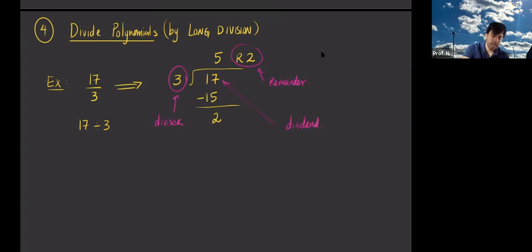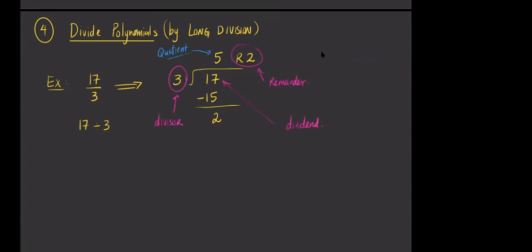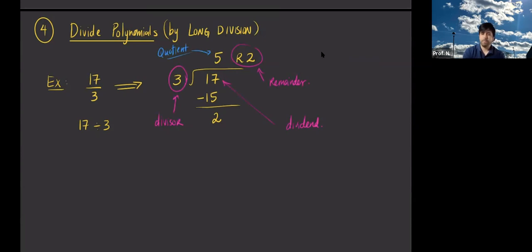And 5 represents the quotient. Remember, these are all terms that you may have seen before. The dividend is the number that's being divided. The divisor is the number that's doing the dividing. 2 is the remainder that's left. And 5 is the quotient, the result of the division.